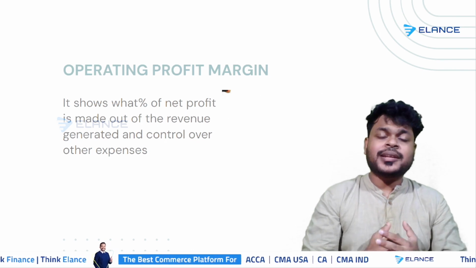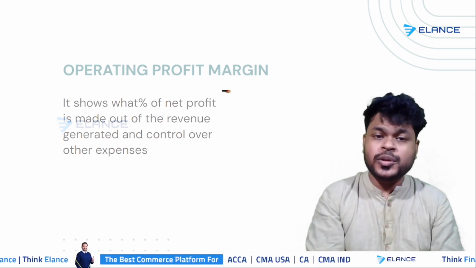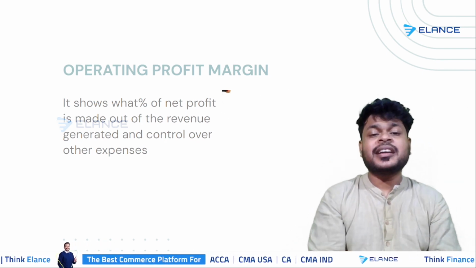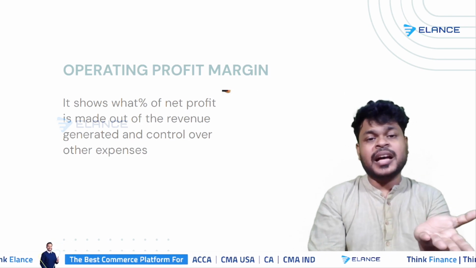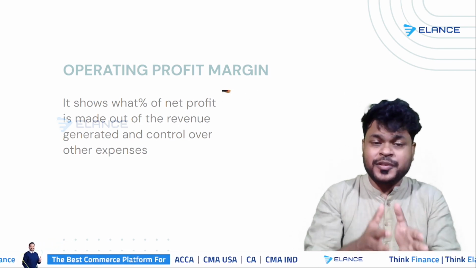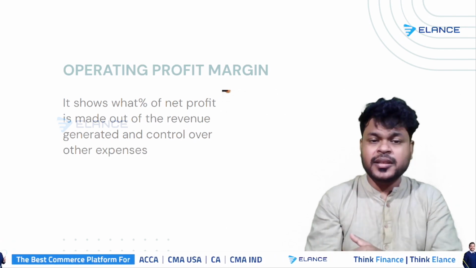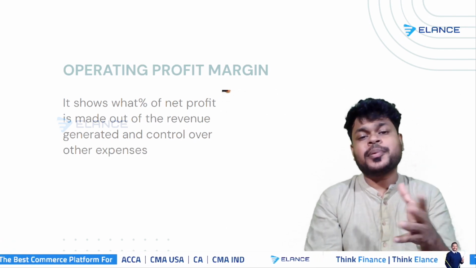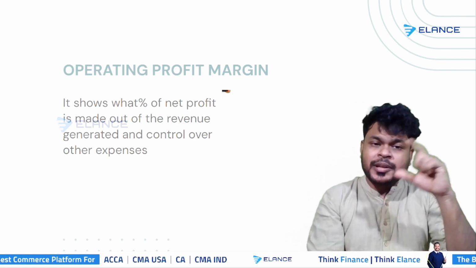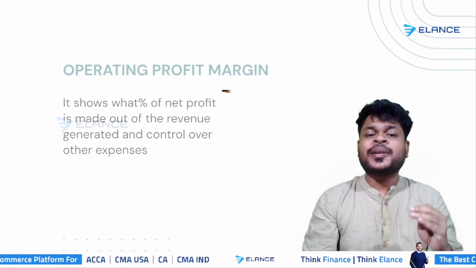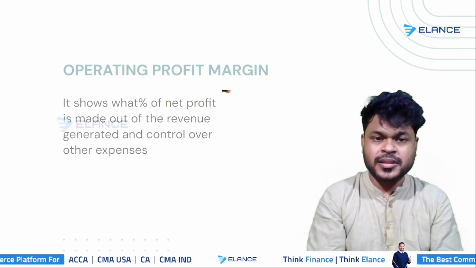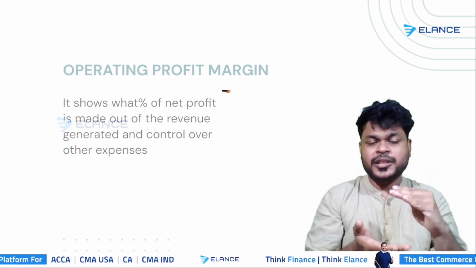Now, talking about control, we have to also look into whether there are any other incomes that only occur for this particular year. For example, if you have sold a non-current asset and you have got a profit on that, then that profit will be included in P&L and it will be netted off with your operating expenses.